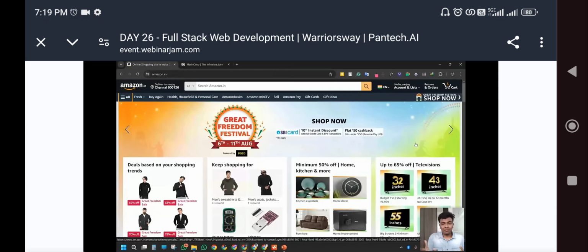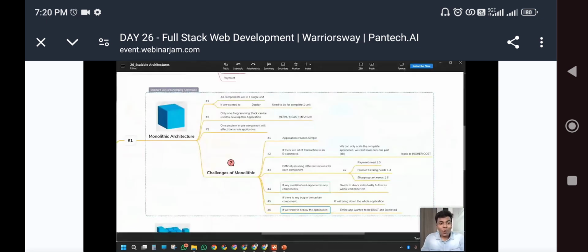Because everything is present in a single unit, every component is going to have dependencies. So that is what monolithic is.